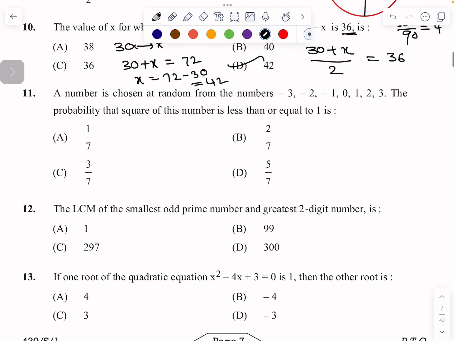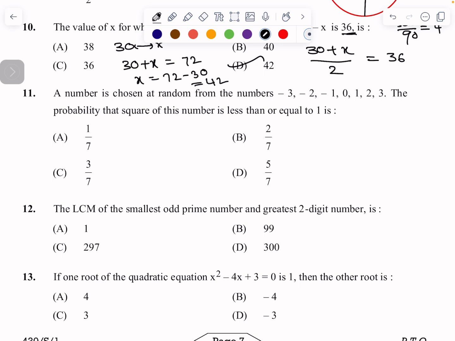So the next question we have: a number is chosen at random from the numbers -3, -2, -1, 0, 1, 2, 3. The probability that the square of this number is less than or equal to... Is my voice clear everyone? Yes? Okay.